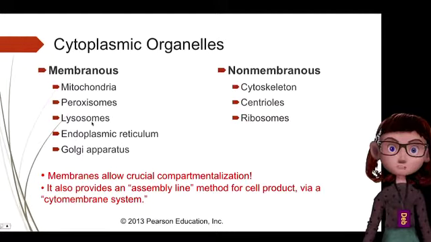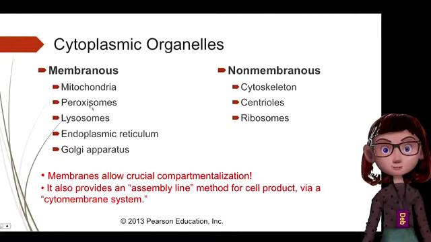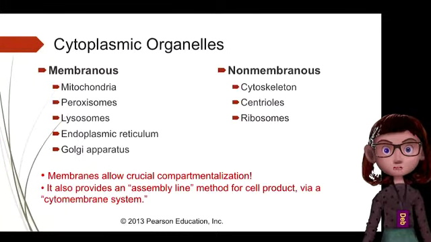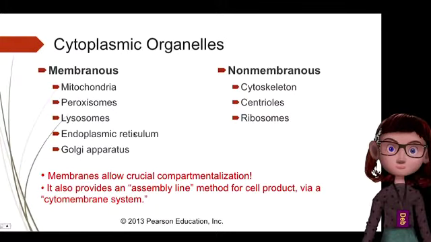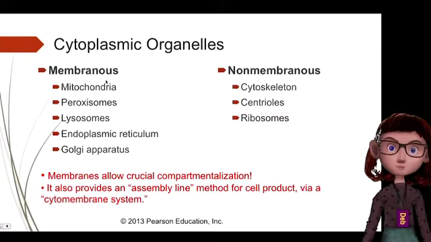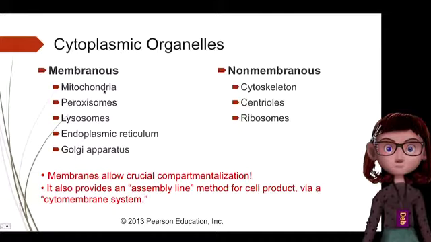Lysosomes contain digestive enzymes. Peroxisomes will actually detoxify free radicals that are produced during metabolism. Then we have endoplasmic reticulum and the Golgi apparatus. All of these cytoplasmic organelles are bound with membranes.